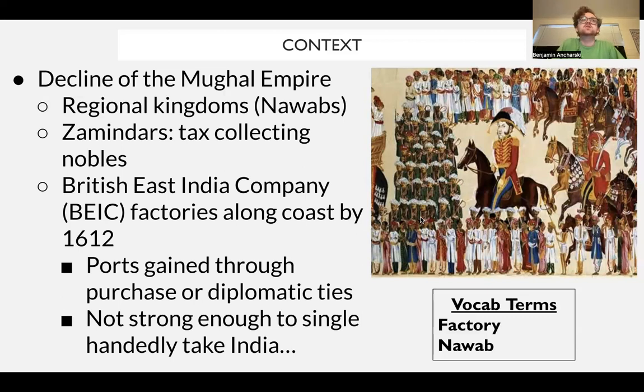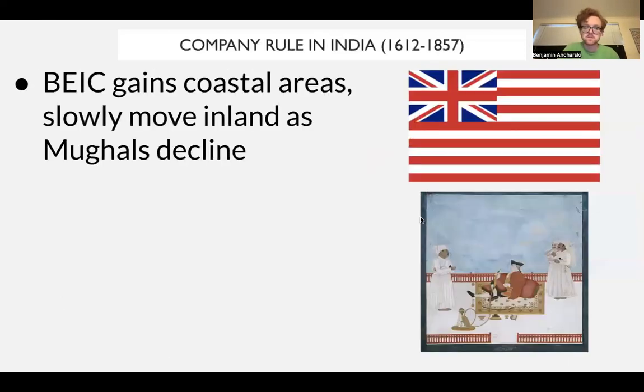It wasn't owned directly by the British government, although there are a lot of close interconnections between them. So essentially, we are going to see how a company acquires an empire. It's very ridiculous when you think about it, but let's look at how that happens.